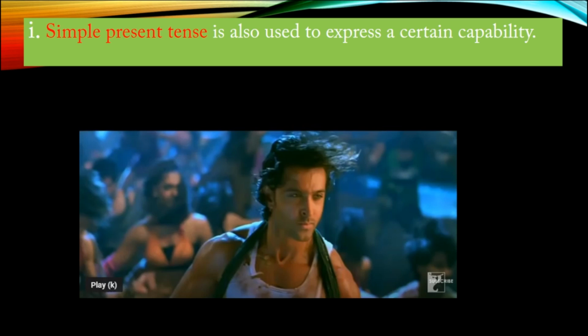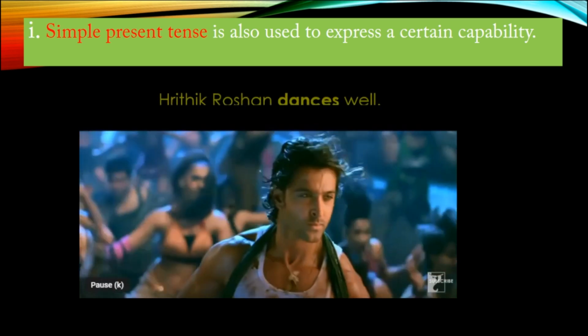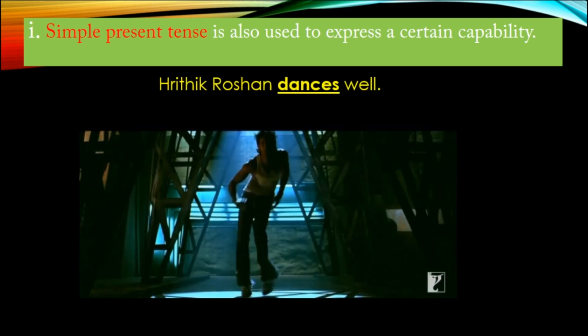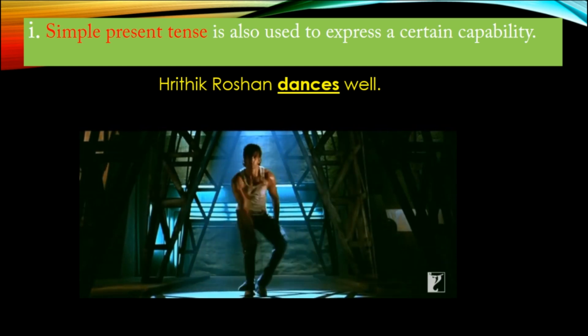I know, children, all of you draw pictures very well, because since our childhood we are very interested in drawing pictures. And somebody cooks, somebody stitches. In each and every person, women or men, there are peculiar unique abilities. If you want to express abilities or capabilities of every individual or collectively, you can use simple present tense only. Let me give an example. Hrithik Roshan dances well. Just look here how beautifully he dances.